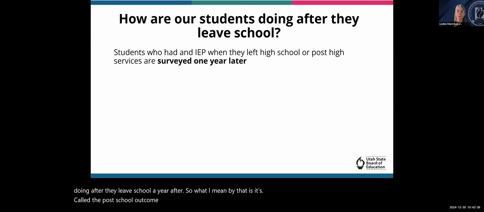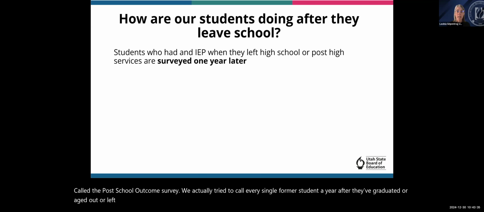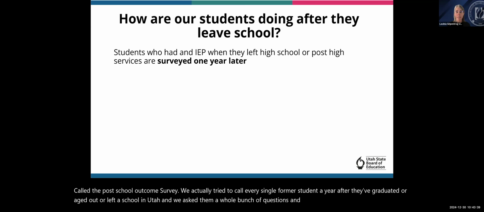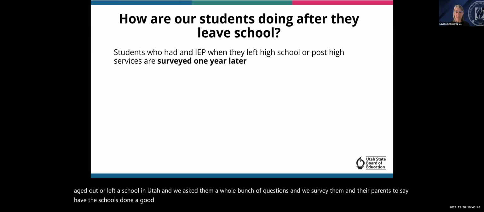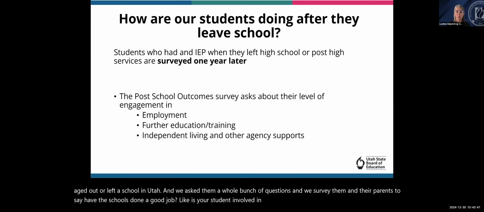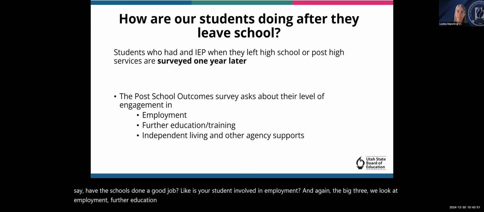We actually try to call every single former student a year after they've graduated or aged out or left school in Utah. And we ask them a whole bunch of questions and we survey them and their parents to say, have the schools done a good job? Like, is your student involved in employment? And again, the big three, we look at employment, further education and training, and independent living.